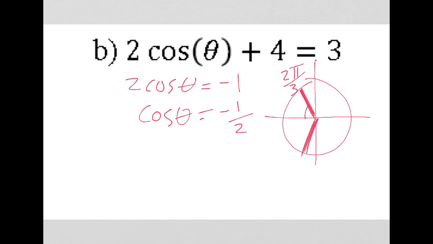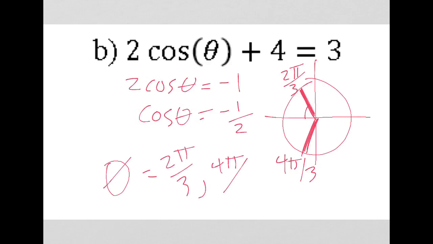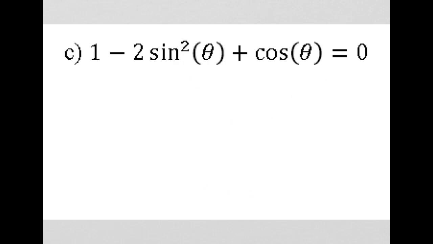So we have 2 pi over 3, and we have 4 pi over 3, so we've found our two theta values, 2 pi over 3 and 4 pi over 3, that give us a cosine value of -1/2. So those are the solutions to that original equation. As you can see, you need to be very familiar with the unit circle. Let's do one last one, and then you can try the rest on your own, or watch those learning guide videos when I put them up in a little bit.